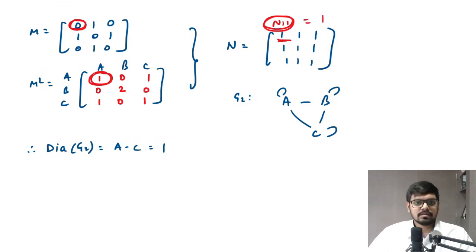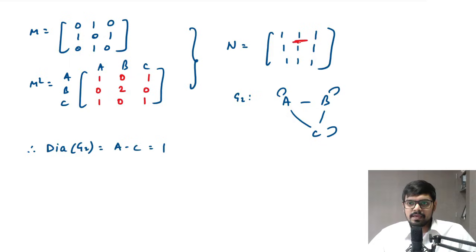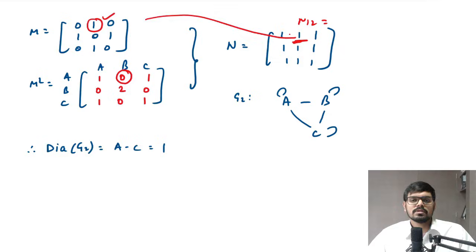Yes, M square is greater than 0, therefore N11 is 1. Similarly for N12, it is 1 if either here you see greater than 0 or here you see greater than 0. We can see here greater than 0, therefore this is 1.